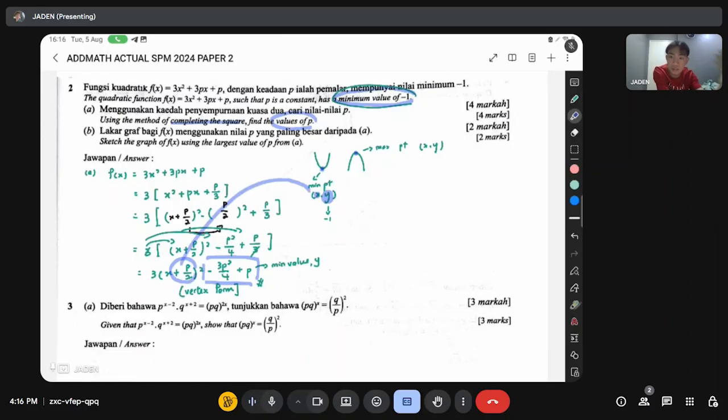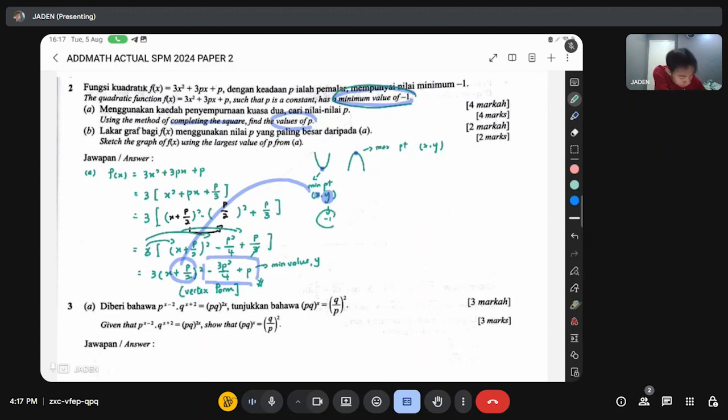So you want to understand that from general form to vertex form, it gives you certain information about the quadratic. This is the most important part because most exam questions will ask you this kind of way. So you have to understand what minimum value is. So the minimum value is -1.